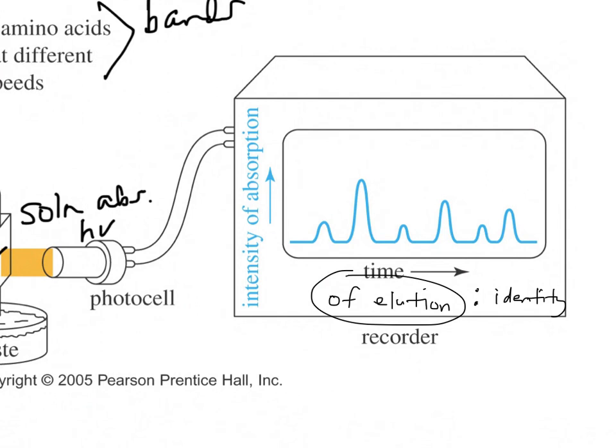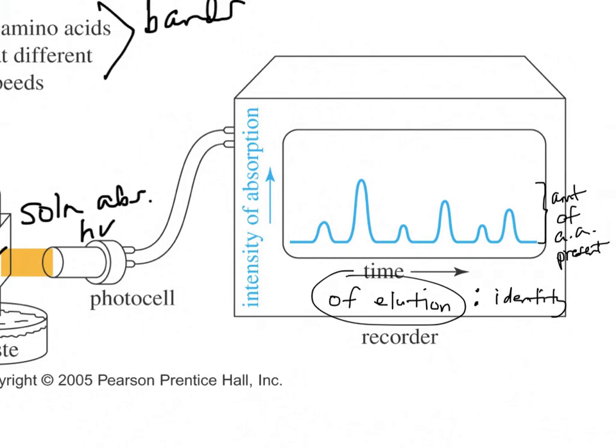So where something comes out, that's just like the GC lab. What do you think the height is related to? The amount, yeah. The height is related to the amount of the amino acid present. If it's taller, it absorbs more light. There's more of that amino acid. So this little graph gives you just about everything you need to know. It tells you what's there, and how much of it.